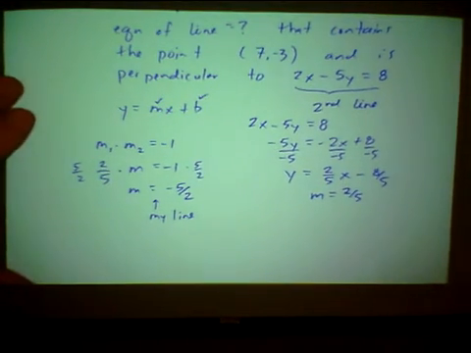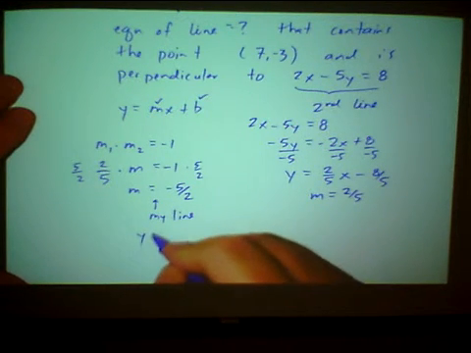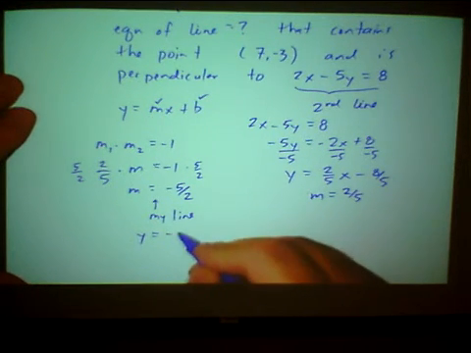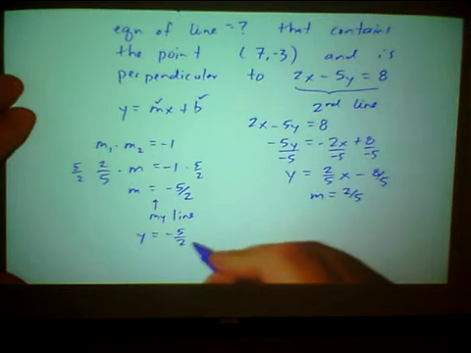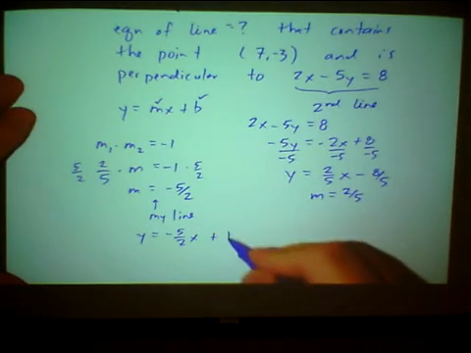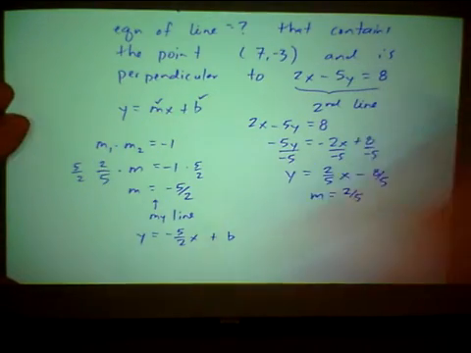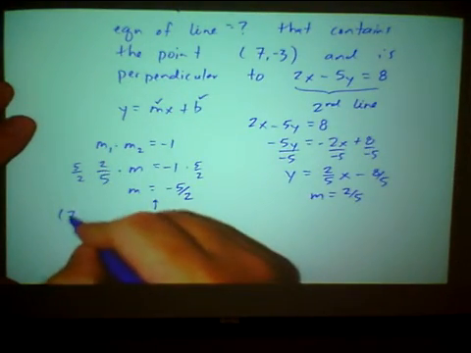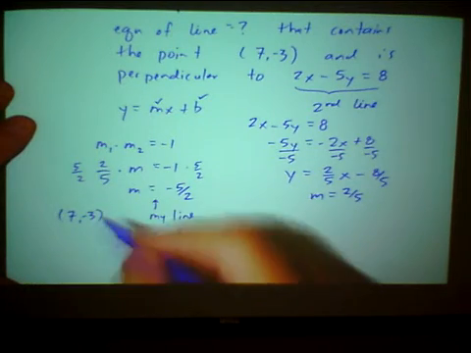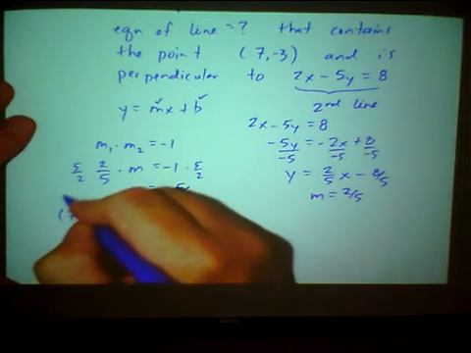So I can go ahead and start to write the slope-intercept equation. y equals -5/2 x plus b. Now I need to find the b. How do I find the b? Well, that's where I use the point they gave me. I'll rewrite it. The point on my line is (7, -3). That 7 represents the value of x.